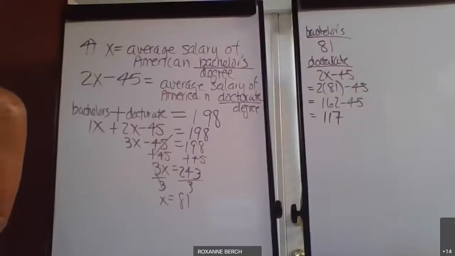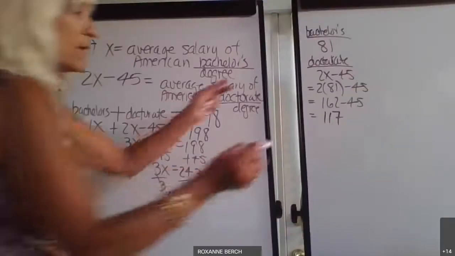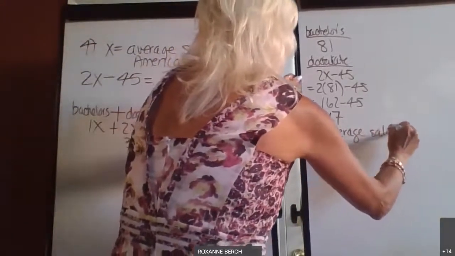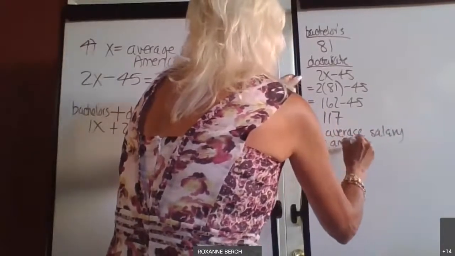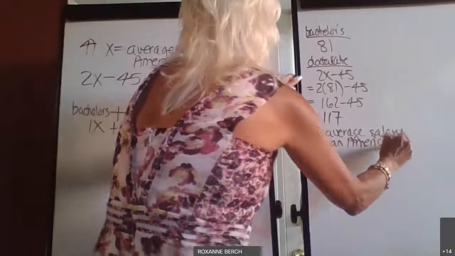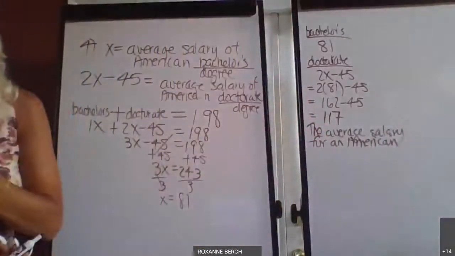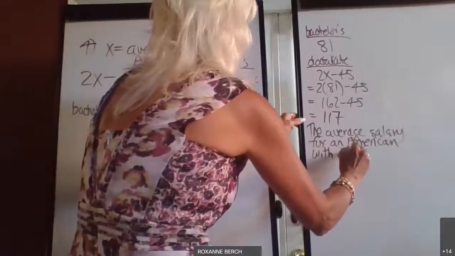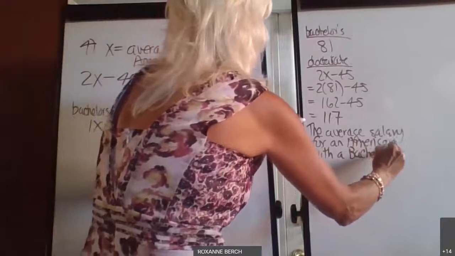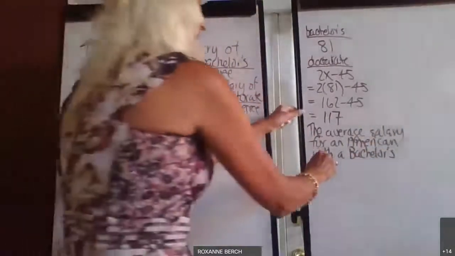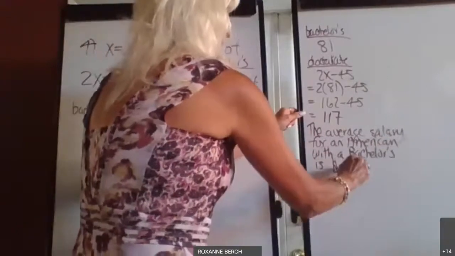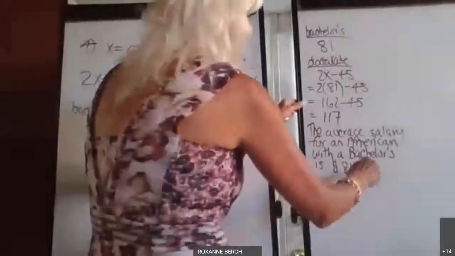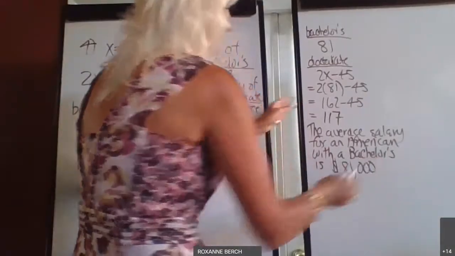Okay, so now we're ready to write the statement for a human being. So this is what we're gonna say. The average salary for an American with a bachelor's degree is 81,000. Write the word thousand or just put 81,000.